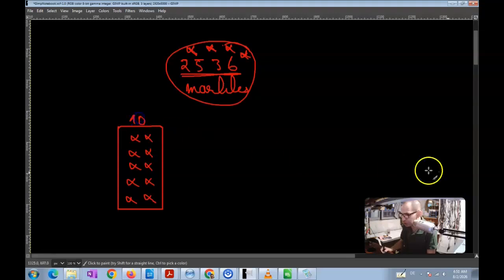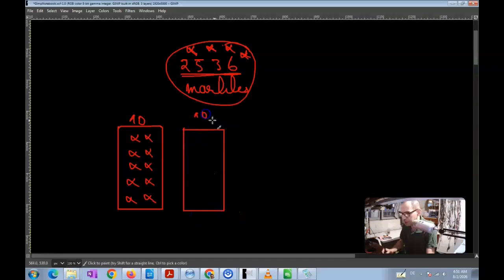I put these together so that I don't make mistakes in counting. Meaning 10 marbles that I put together, then later on I know that this is 10 marbles. I don't even have to count it anymore. And I can just keep counting another 10 marbles, another 10 marbles, and so on and so forth, right? So this way I can make sure that I'm not making any mistakes, right?